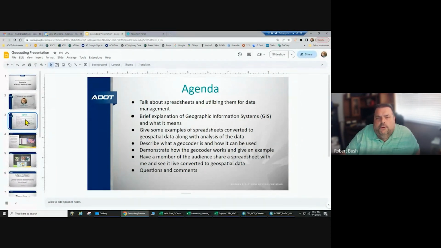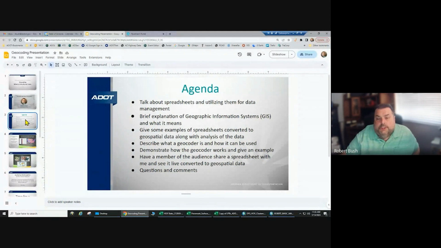The way we convert the data is using a tool called a Geocoder, and I want to give a shout out to Tom Tyndall. He is with the ITG GIS team, and he's the one that developed and created this Geocoder for us to use, and it'll make sense to you when I bring it up and show you what's going on with everything, but I think you'll be impressed with what it's capable of.